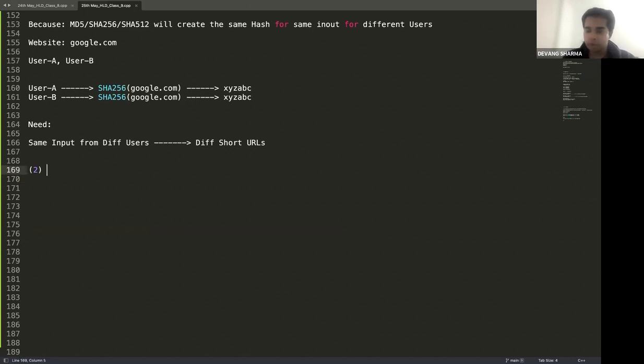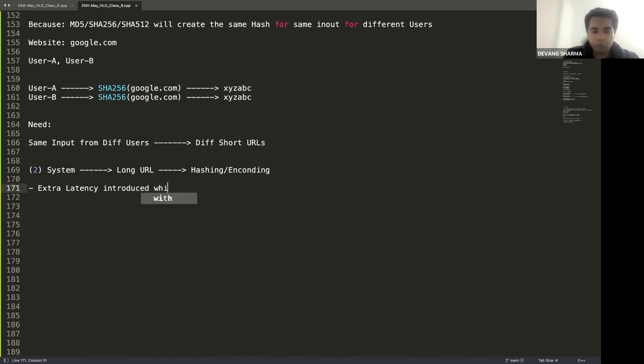We'll talk about it one by one. So the system goes to the long URL, then you go to hashing or encoding. There is an extra latency which is introduced while encoding.